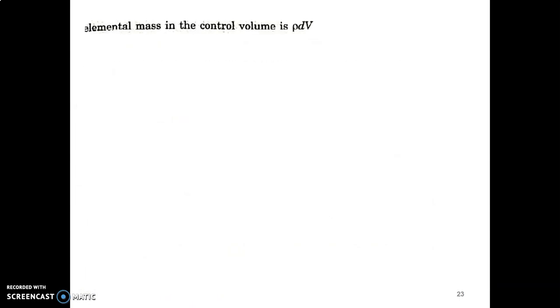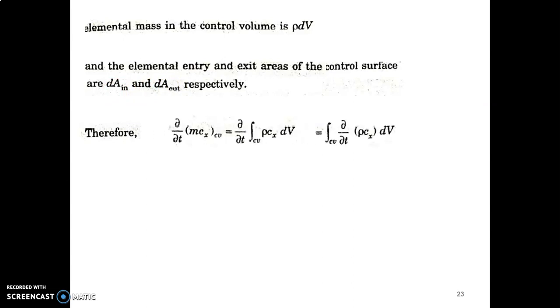Now the elemental mass in the control volume is taken as rho dV, and the elemental entry and exit areas of the control surface are taken as dA inward and dA outward respectively. Therefore we are changing the equation. We can change our rate of change of momentum in control volume, that is dou by dou t of mcx cv, like this.